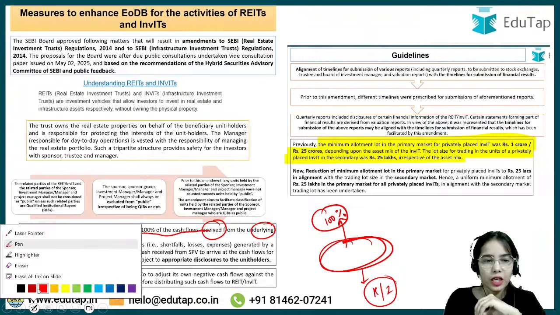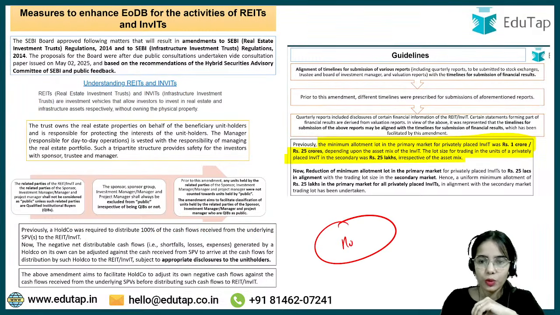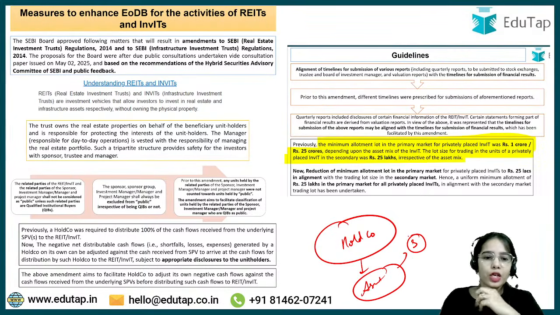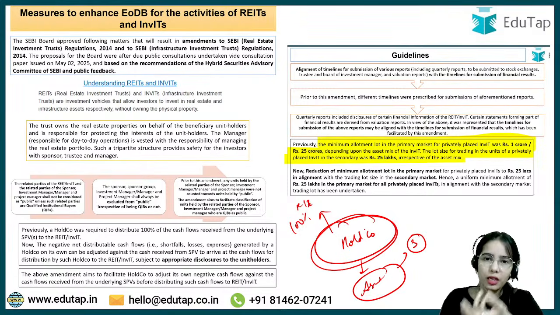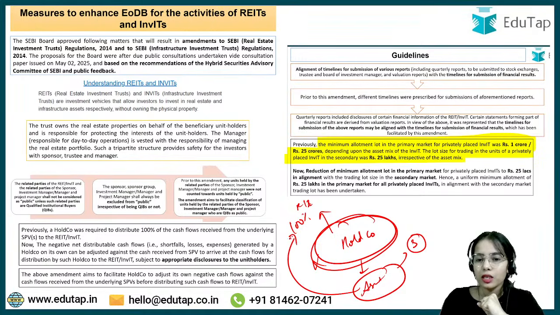A holdco is holding the assets through subsidiaries, so it had to send all the cash flows to the REIT and InvIT, even if the holdco was making losses. But now the holdco will not have to share all the cash flows with the REIT and InvIT.